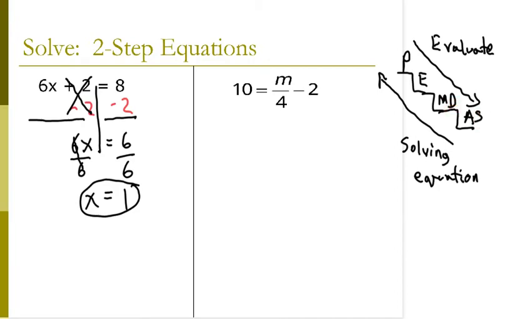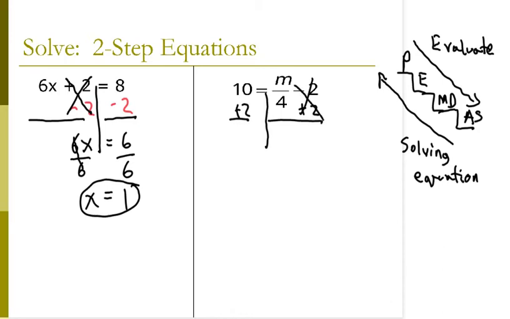So if we do the inverse of subtraction, the inverse of subtracting 2 is adding 2. We have to do the same on the other side of our equation or equal sign. So we add 2 on the opposite side as well. These 2's undo each other.